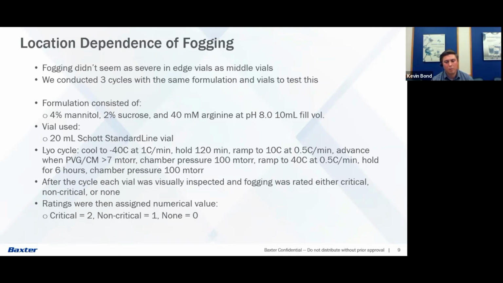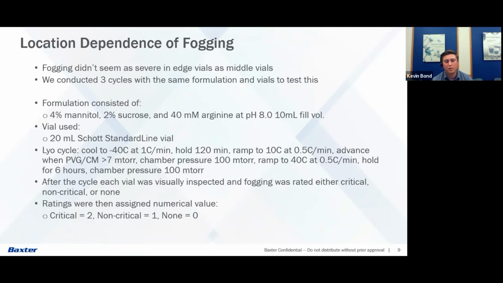We really care most about reducing the number of critical fogging vials, as those are the ones which would raise the most concerns during inspection. We'll also use those same rating criteria, critical, non-critical, and no fogging, for the other 2 case studies. As we inspected and recorded the vial fogging for this study, we also kept track of where on the tray all the vials were located, so we had that positional data associated with fogging severity.